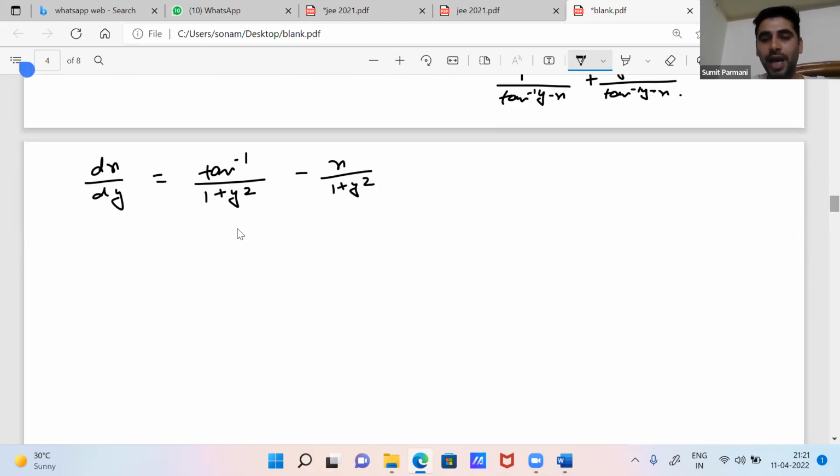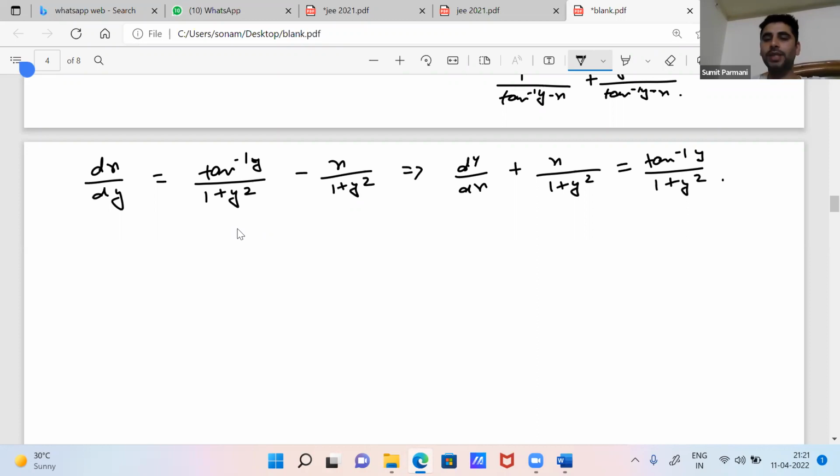So this can be written as dx by dy plus x upon 1 plus y square is equals to tan inverse y upon 1 plus y square. Okay, so if this form comes, directly we have to go to integral factor.